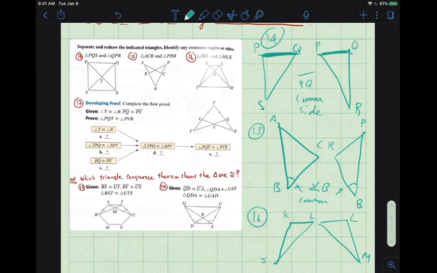M, L, K. We have KL and KL here in common. KL is definitely a common side. No shared angles here.